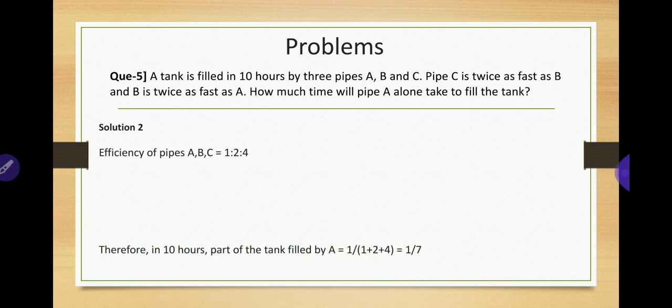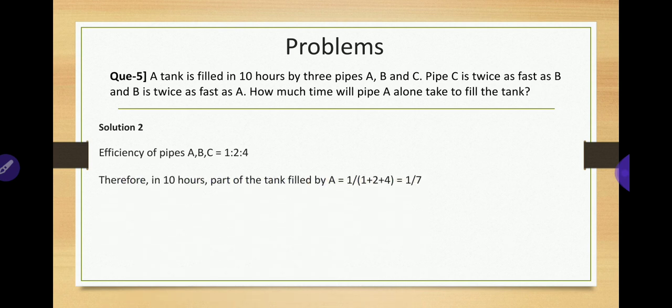If this will be the proportion, then in 10 hours the part of the tank filled by A pipe only can be found by 1 upon the addition of this proportion, that is 1 plus 2 plus 4, it is 1 upon 7.